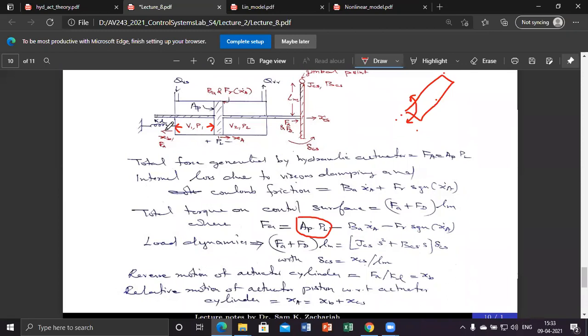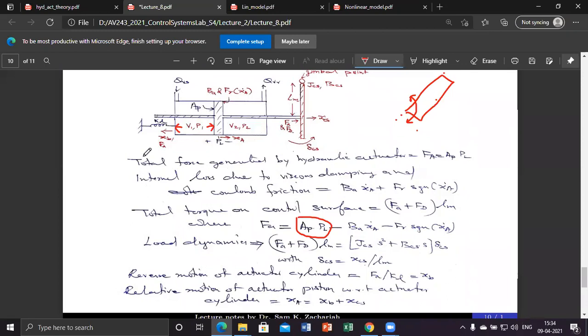Finally, compression happens either in the forward path or return path. The actuator cylinder has to accommodate the differential motion to balance against all such compressions. Hence, there is no problem in lumping all stiffness elements together.